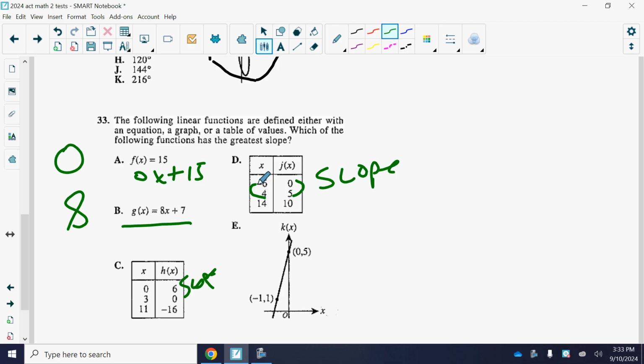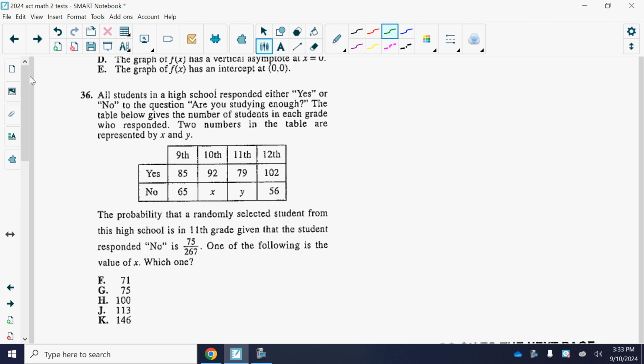This one's kind of small. It would be 5 over 10, and this one would be negative 6 over 3. And this last one would be another slope program that would be 4.5 minus 1 over 0 minus negative 1. The biggest one by far is B, 8.